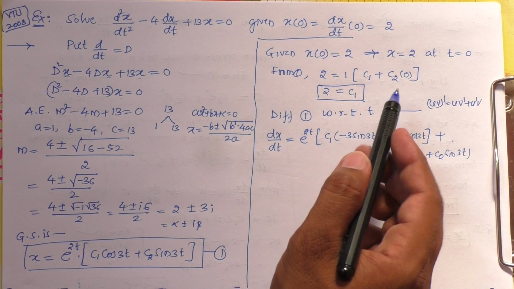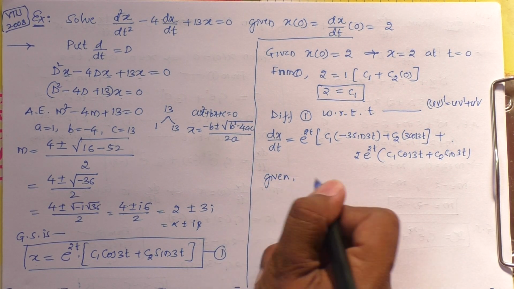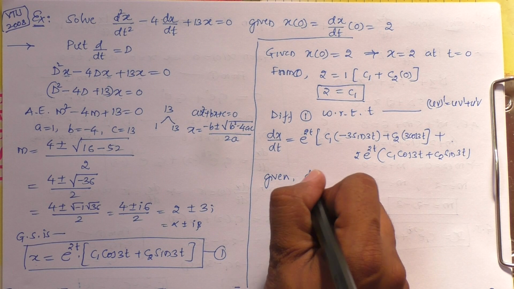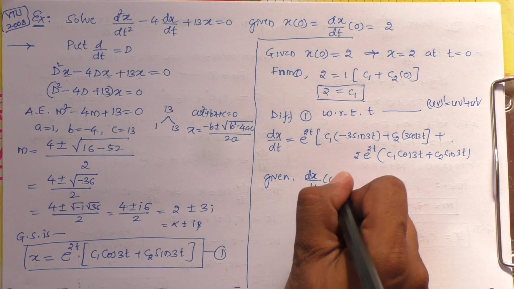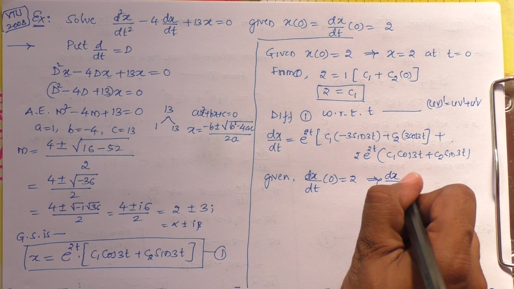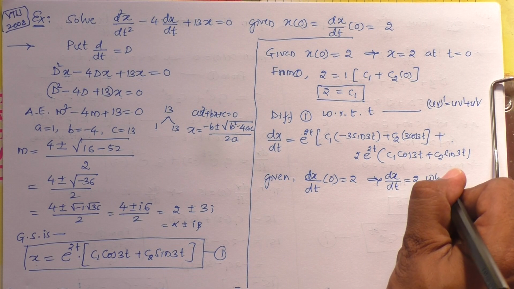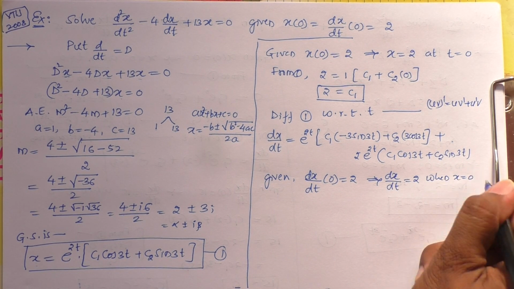Let us apply the second condition, dx by dt of 0 equal to 2. So it means dx by dt is 2 when t is 0.